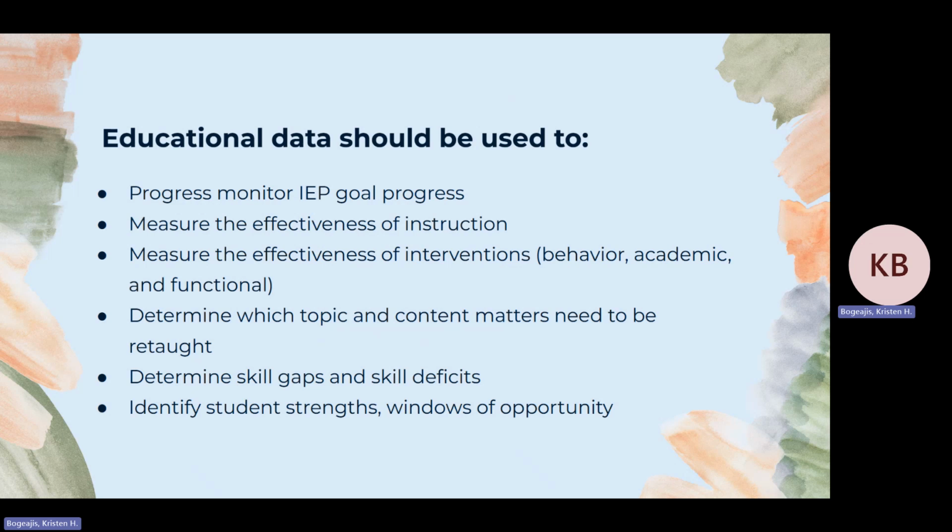Educational data should be used to progress monitor IEP goals, measure the effectiveness of instruction, measure the effectiveness of interventions for behavior, academics, and functional interventions, determine which topics and content matters need to be retaught, determine skill gaps and skill deficits, and identify strengths of students and windows of opportunity.